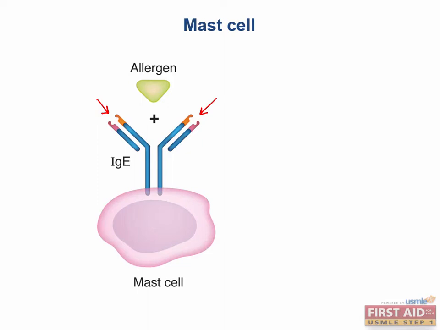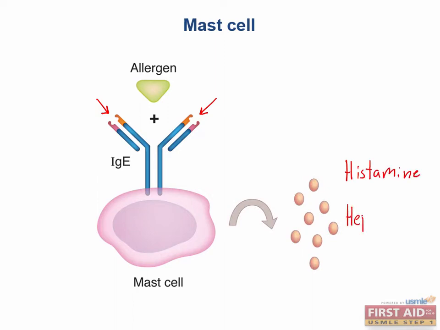And our mast cells can bind to the Fc portion of the IgE by the Fc receptor on the cell membrane. The IgE is attached to the antigen, or more specifically the allergen in this case, and when enough antigen is present to make the IgE cluster and cross-link the receptors, the cells will degranulate, releasing histamine, heparin, and eosinophil chemotactic factors.